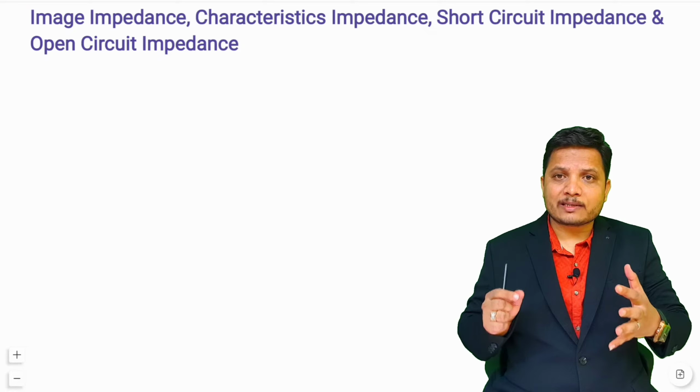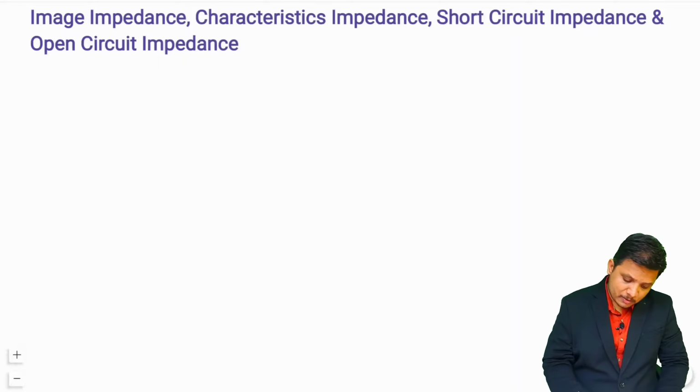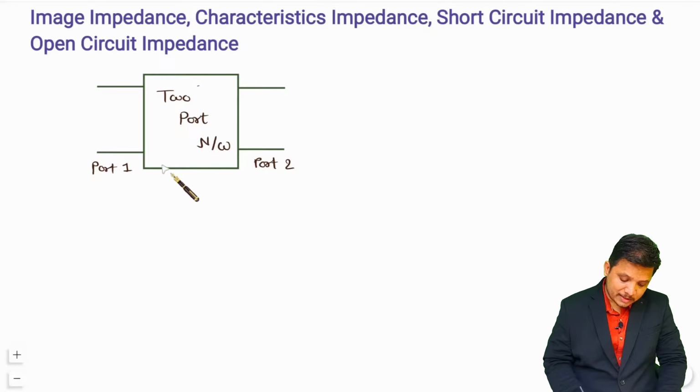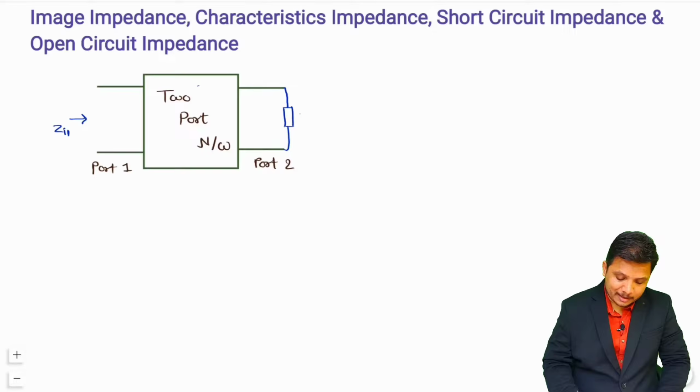First, I'll explain graphically how to measure image impedance. My dear students, whenever you have a two-port network, as you can see over here, if I am interested in calculating the image impedance at port 1, let us say that is Zi1, and you want to measure this, then at port 2 you should be connecting the image impedance, that should be Zi2.